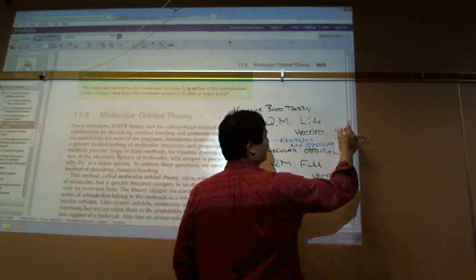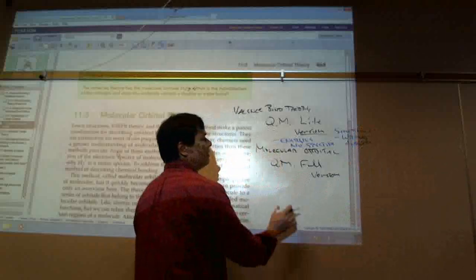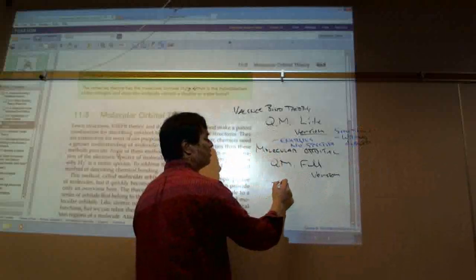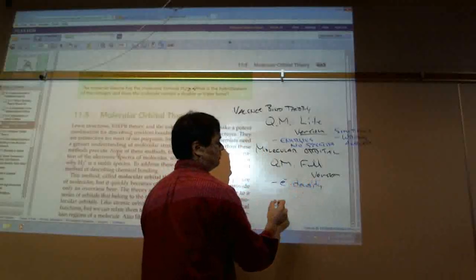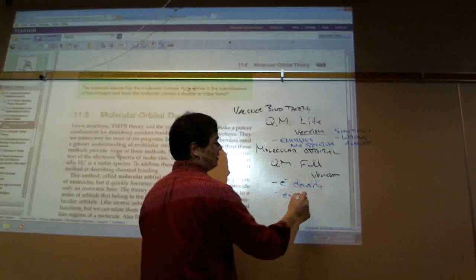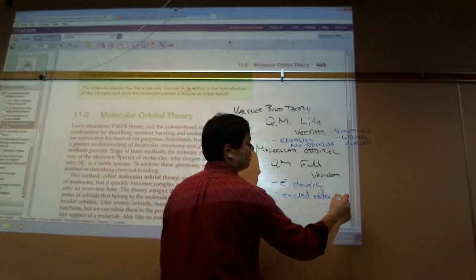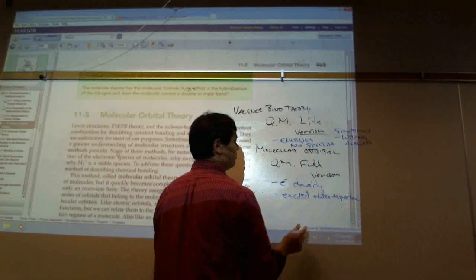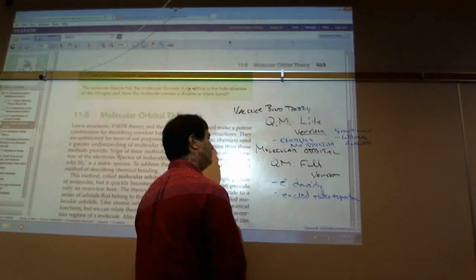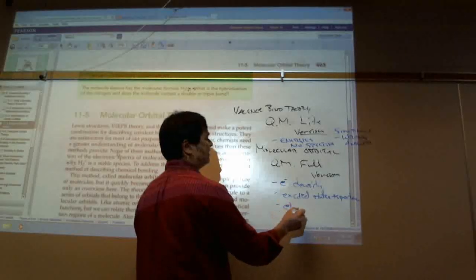We don't have this problem with the full version. The full version will get the electron density. We'll get the excited states. Therefore, we can get the spectra, how it interacts with light, etc.